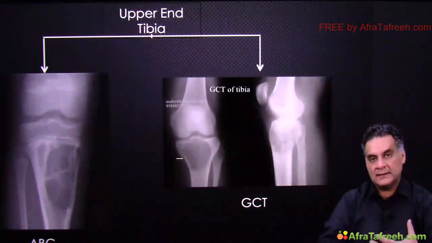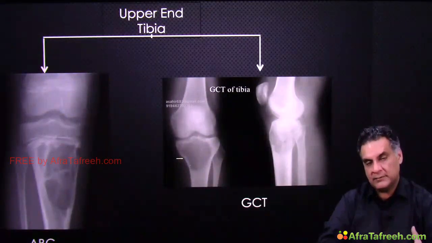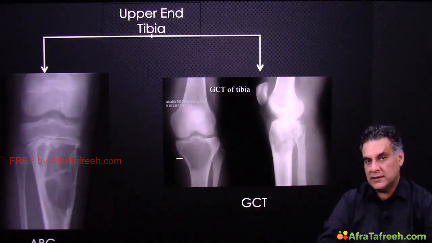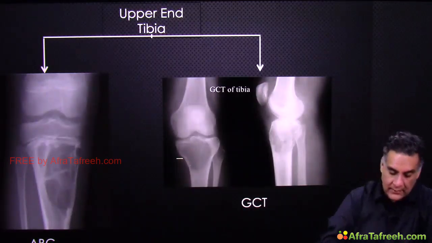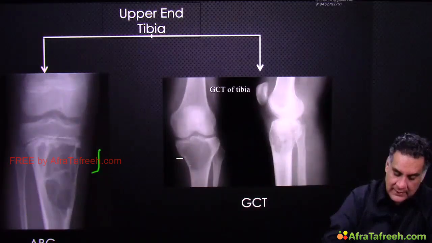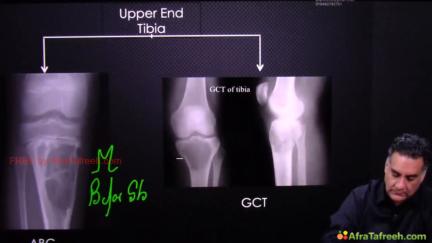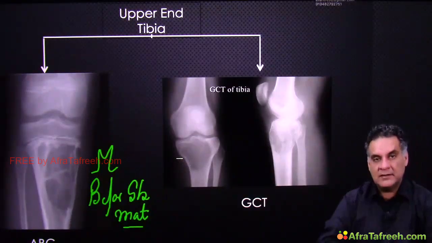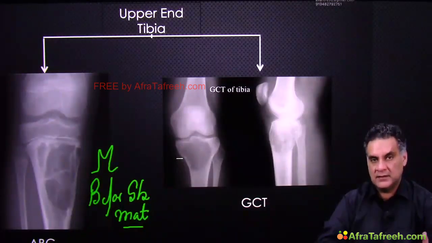When we look at the upper end of tibia, this is an enigma to many medical students. Sir, how do you differentiate between aneurysmal bone cyst and giant cell tumor? ABC is metaphyseal before skeletal maturity. Skeletal maturity means the epiphysis fuses with the metaphysis, the physis disappears.